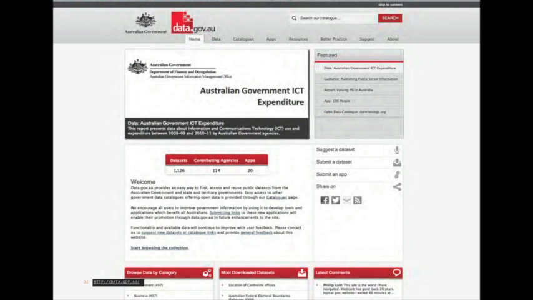There are some practices currently in Australia, data.gov.au, which follows the model that data.gov in America and data.gov.uk in the UK have done, trying to open up as much of the public sector data as they can. Of course, there are issues with this.